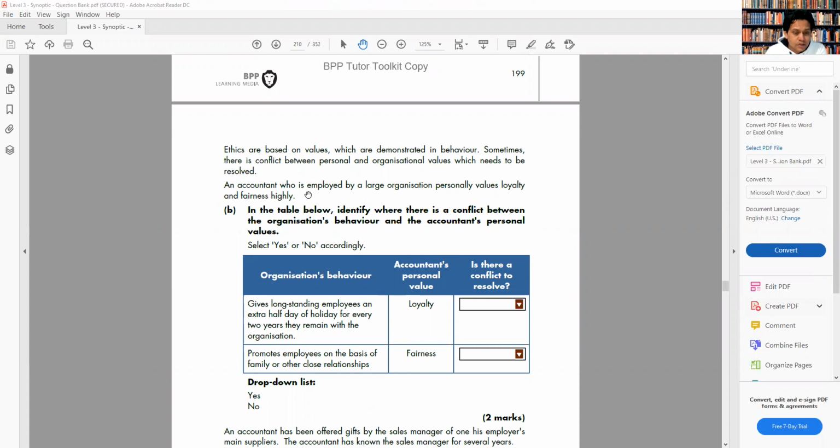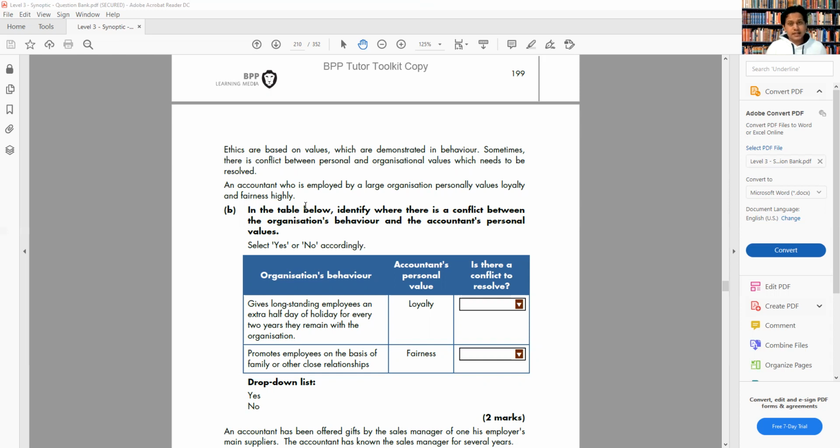An accountant who is employed by a large organization personally values loyalty and fairness highly. So of course, when we are working as an accountant, there might be a conflict between the organization's policy and my personal view. So there is a possibility, but it doesn't mean I have to have a clash with them.